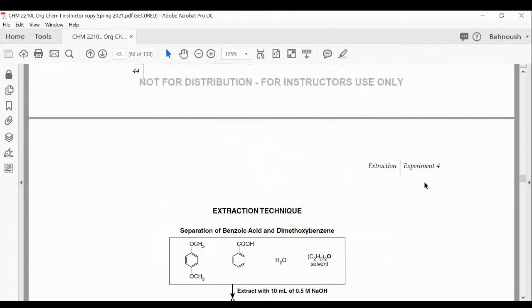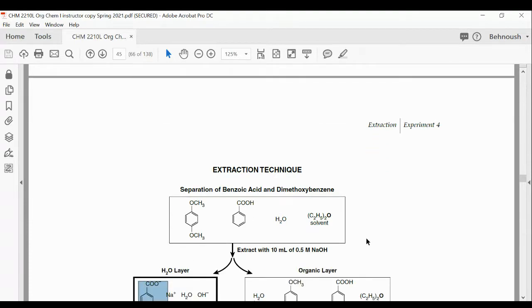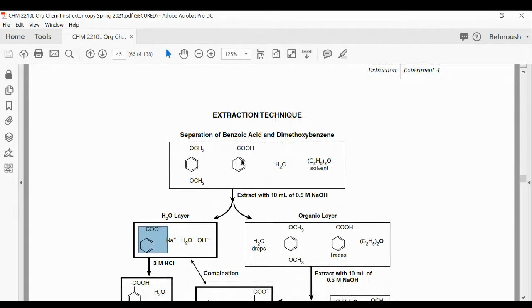Which solvent is going to work the best? A solvent that has a significantly different solubility for one compound versus the other compound. At the beginning, both of them dissolve in ether, but when you add sodium hydroxide, benzoic acid reacts with sodium hydroxide and you get benzoate. Now, benzoate is not soluble in ether.